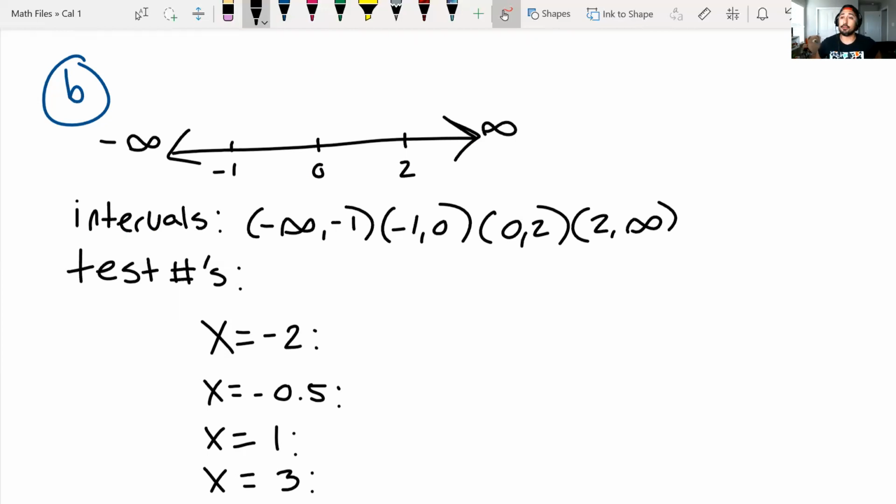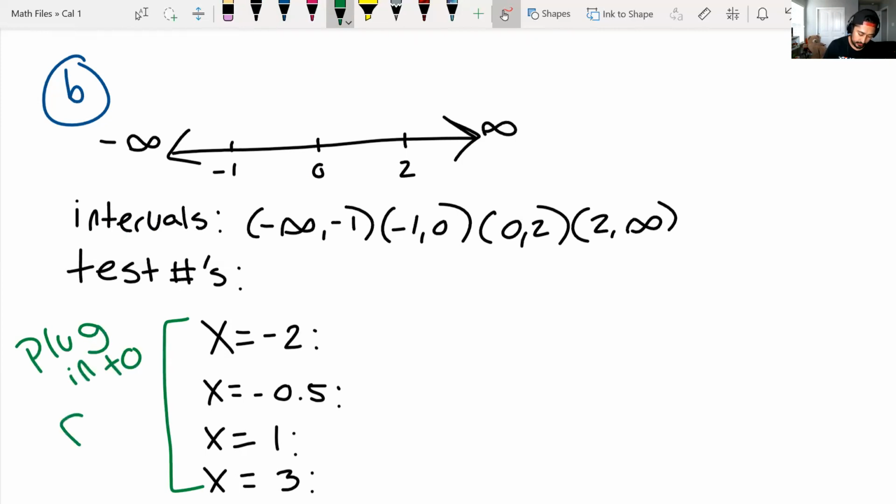Okay, so this is a sign chart for the first derivative. So plug these numbers in to the first derivative.